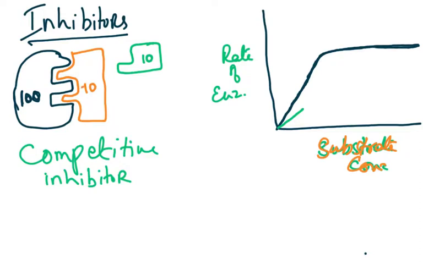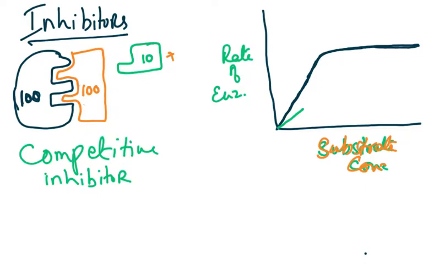So after some time, we can have, this is 20, then this is 30. And as we keep on increasing this, we come to a very interesting conclusion, that if this is 100, then these are only 10. They have no chance to fit into the active site.